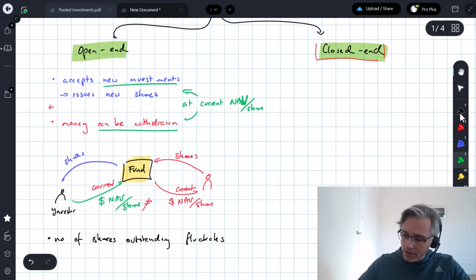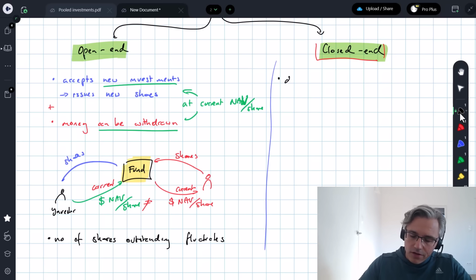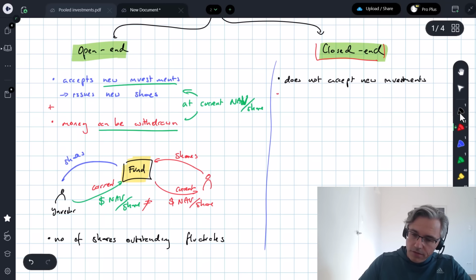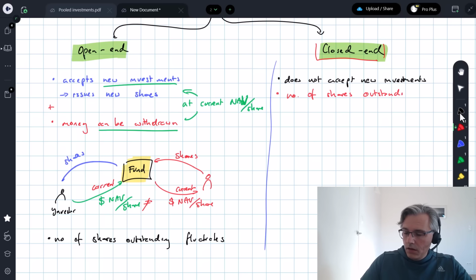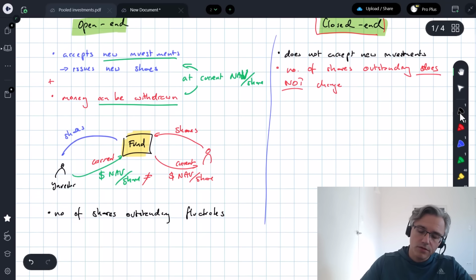The other structure, that's the closed-end fund, works very differently. After the initial issuance of shares, the fund does not accept new investments, so new money from investors, and therefore the number of shares outstanding does not change subsequent to the initial issue of shares.